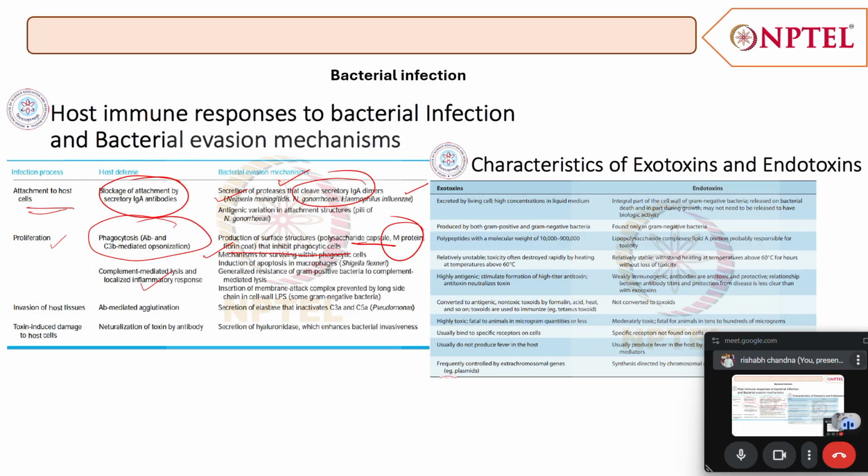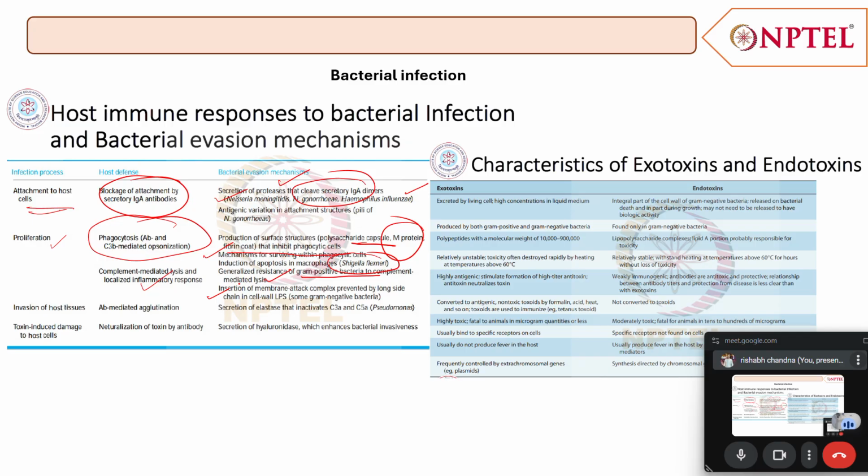Then induction of apoptosis in macrophages, for example in Shigella flexneri. Then we have generalized resistance of gram-positive bacteria to complement mediated lysis, and insertion of the membrane attack complex is prevented by long side chains in the cell wall LPS in some gram-negative bacteria.